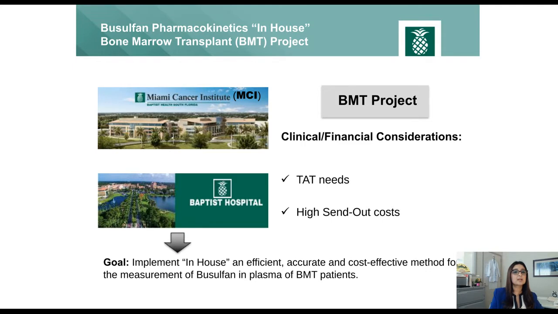Second, the reduction of a very expensive and risky send-out testing process. Our management quickly approved the acquisition of the instruments and other equipment needed to support the in-house project. Today, I will present to you the results of the implementation and validation process of our Busulfan testing method.